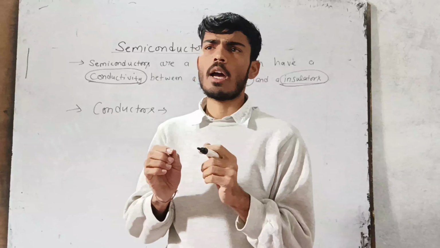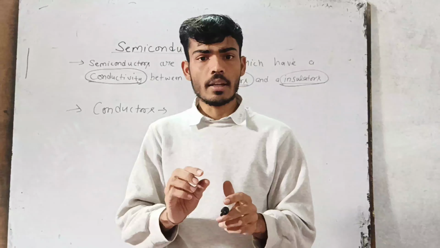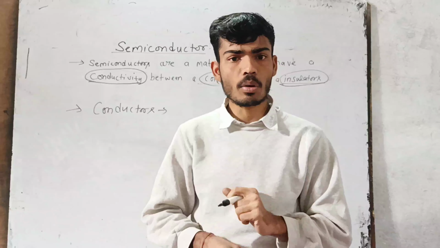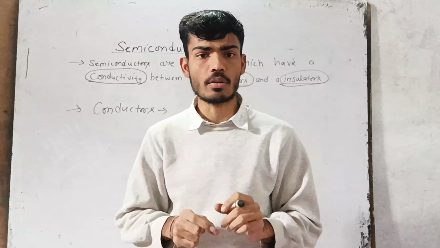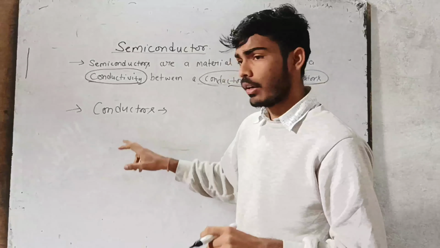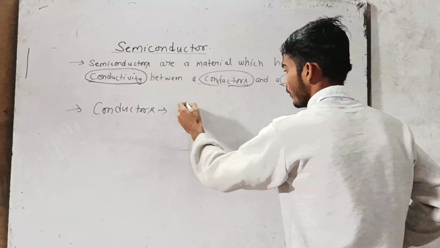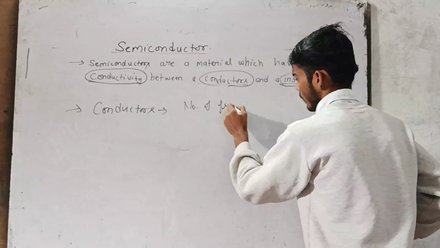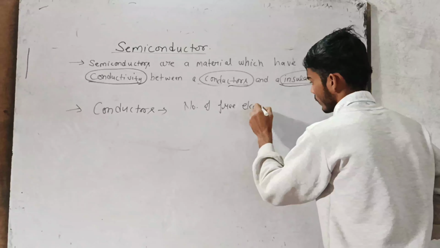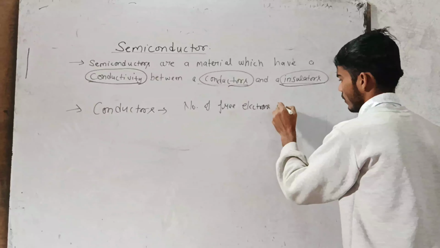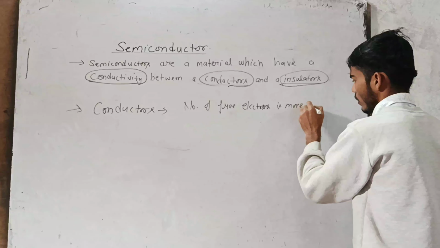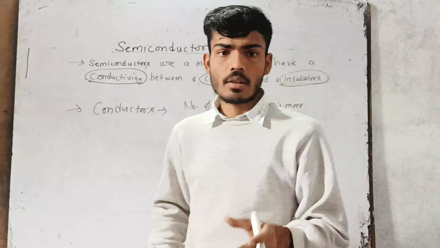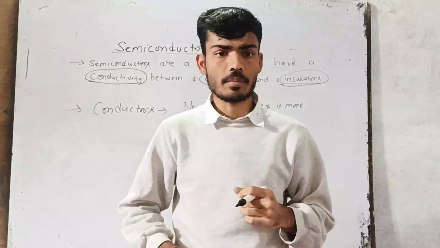Matlab, if we supply a little voltage, then conductors allow that current. Why is this possible? This is because of free electrons. In conductors, the number of free electrons is more. Because of this, whenever we pass the voltage, current starts flowing.